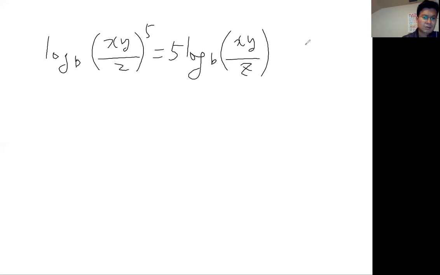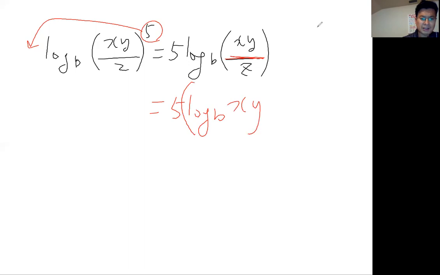The first thing we have to understand is the exponent goes in front of it. The second one we think about is division, so we put everything the same, but instead of division, we put minus.